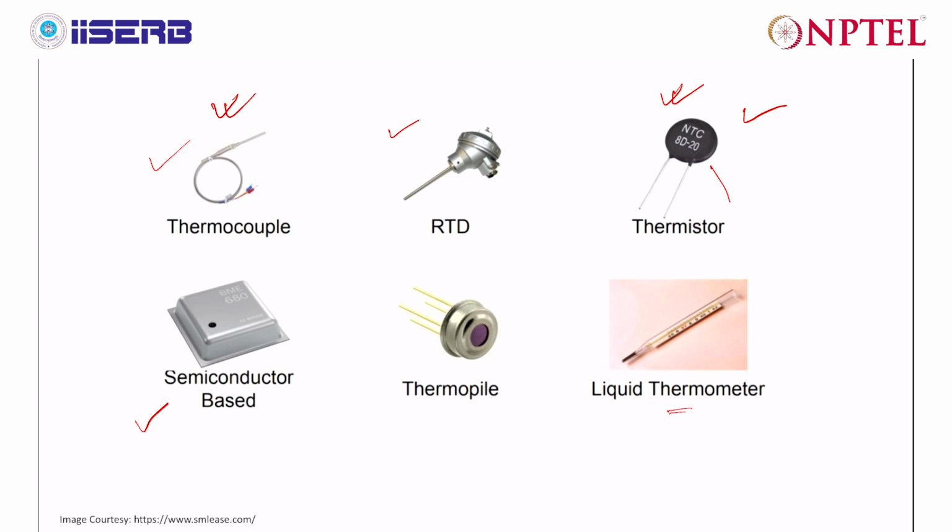In case of thermistor, you'll find that there is an active material which is present and encapsulated by a layer, so that the active material is not getting affected by the environmental parameters, and there are two terminals which are made of metal wires. Most of these thermistors are temperature sensitive, I mean, the resistance of these thermistors is temperature sensitive.